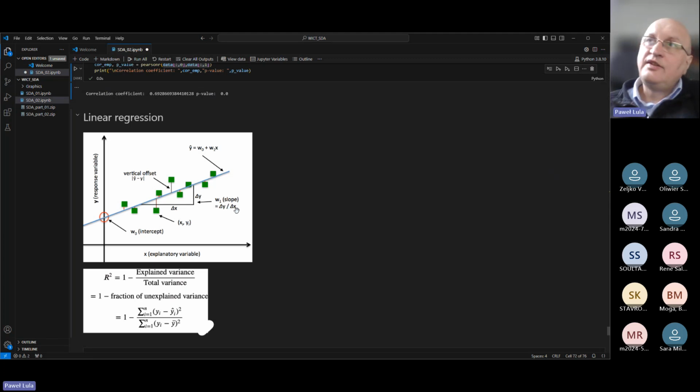This angle defines the slope. The intercept point is defined in this picture as W0 parameter, and the slope is defined by W1 parameter. It is the relation of these two lengths of these two parts of this triangle, so it is a tangent of this angle.